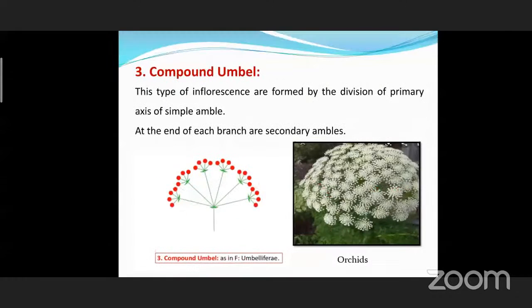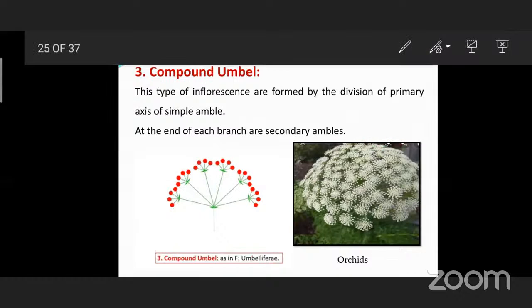And the third one, compound umbel racemose inflorescence. See here, this is the compound umbel type of inflorescence. This type of inflorescence is formed by the division of the primary axis of a simple umbel. At the end of each branch, secondary umbels are formed. Best example, orchids.